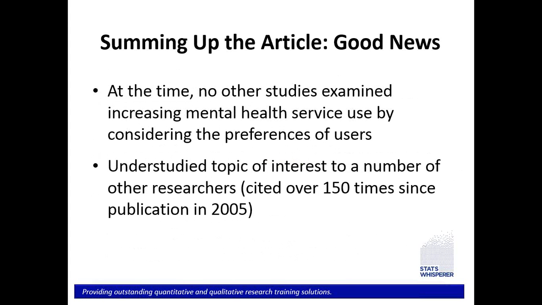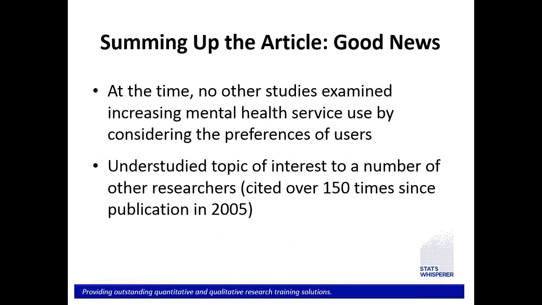So consider this. We named a few things wrong with the statistical analysis, and so we might be feeling, well, what's the value of the article here? Well, at the time it was written, there were no other studies that examined increasing mental health service use by considering the preference of users, especially parents in the context of child mental health services.